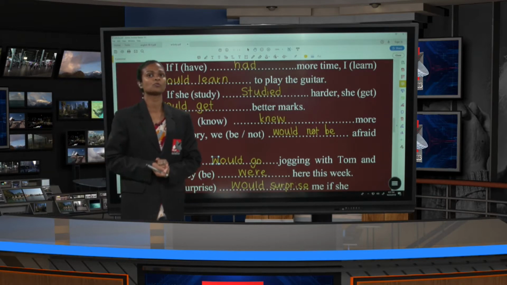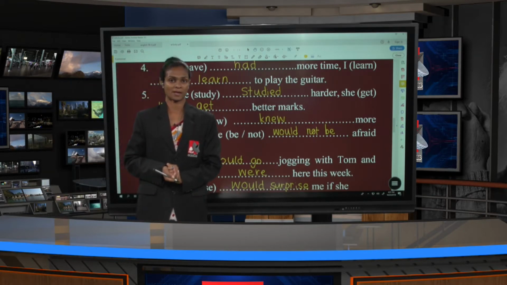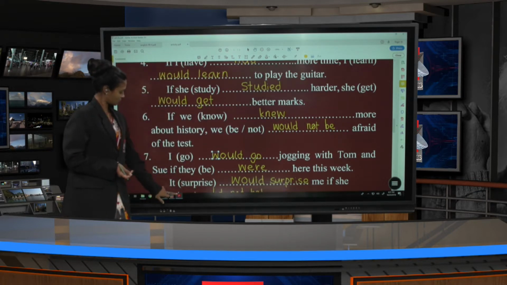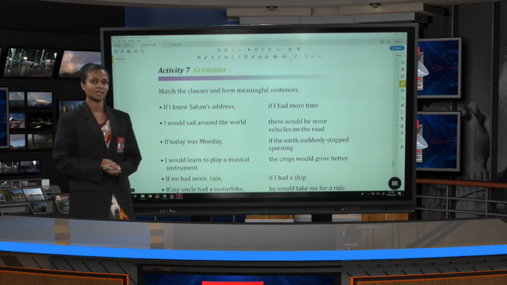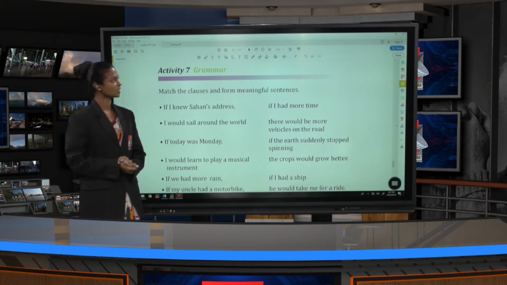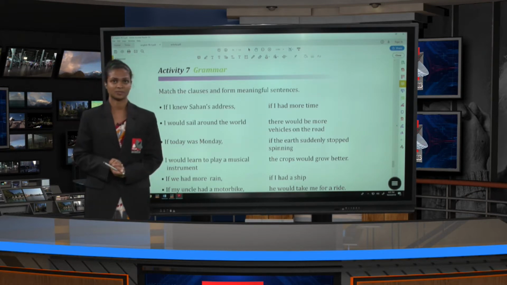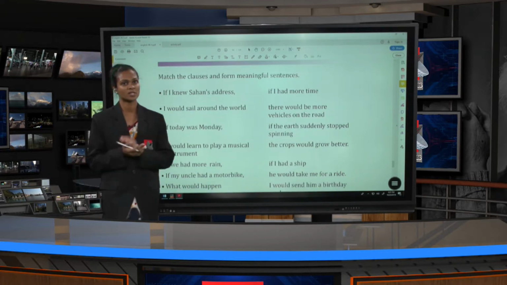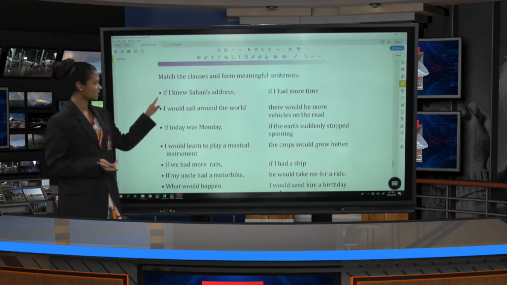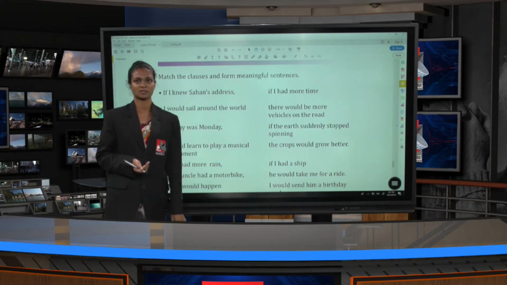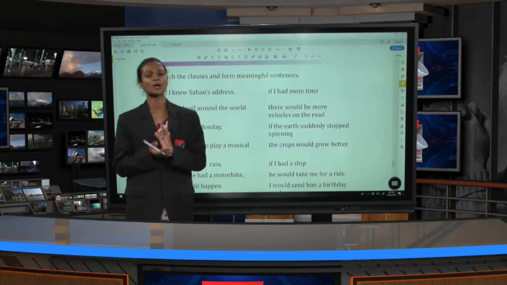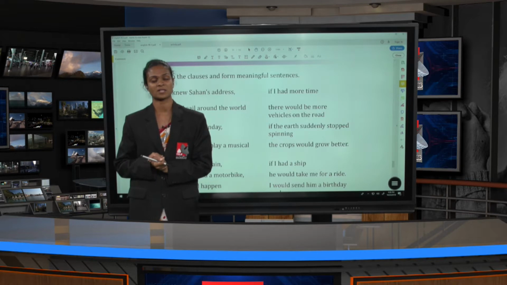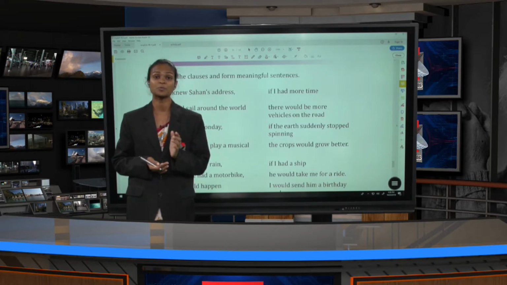Right. Now we will move to our pupils book. Turn to page number 99. Activity 7, it's a grammar activity. Here what you have to do, you have to make meaningful sentences, and I think you can see somewhere there are if clauses. So that means you have to construct conditional sentences, type 1 as well as type 2.